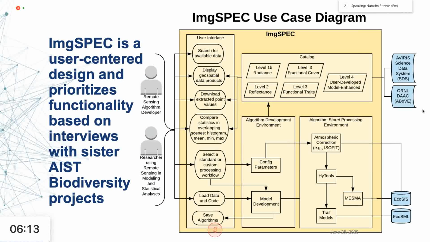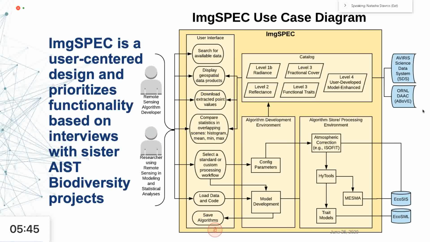So ImgSPEC is a user-centered design, and it prioritizes functionality based on interviews with sister AIST biodiversity projects. So we recognize that we're focused on biodiversity, especially in terrestrial ecosystems, but that we can cater to a much larger community, but we had to start somewhere, and we started there.